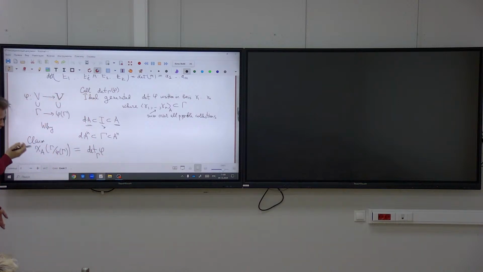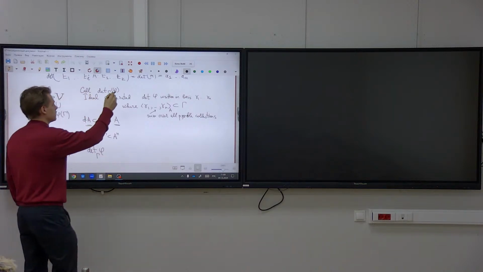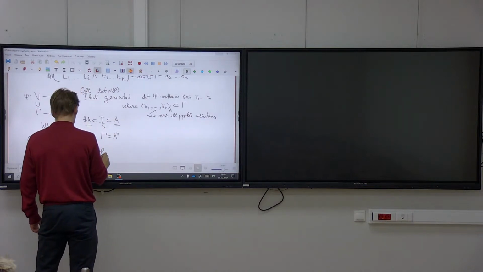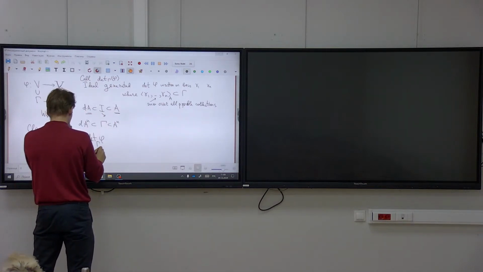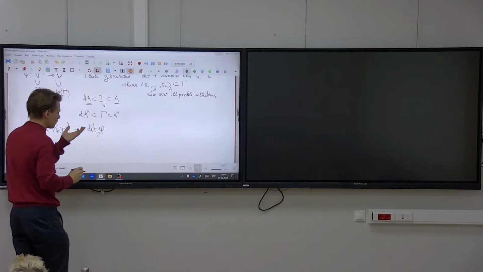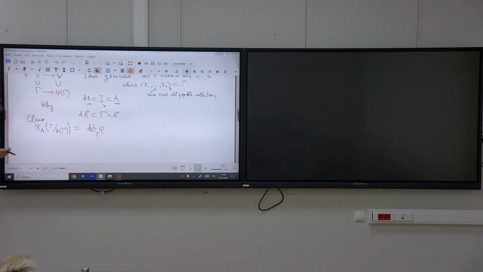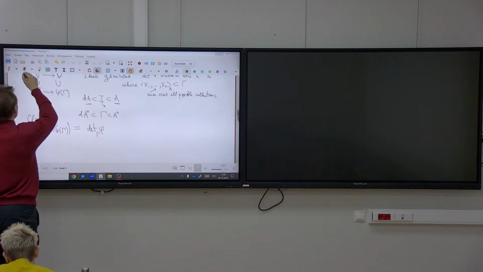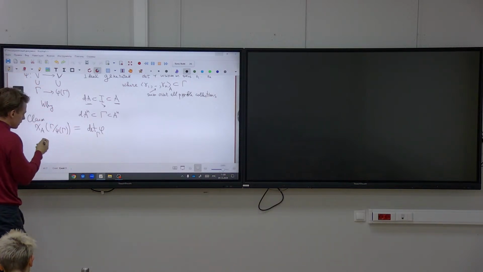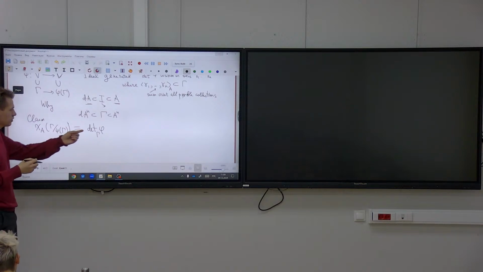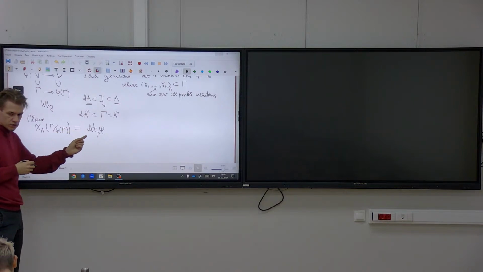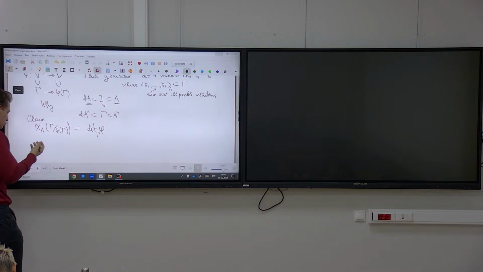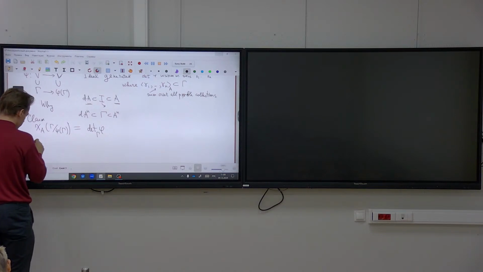The proof is easier in our case, because the determinant is not a number, it is an ideal here. So you have to check the equality on ideals.